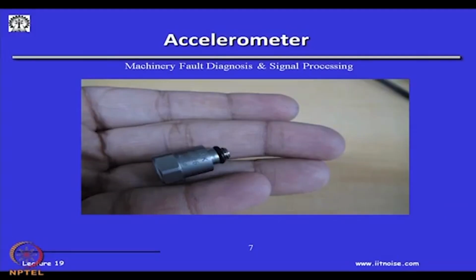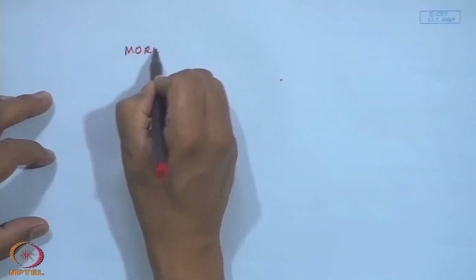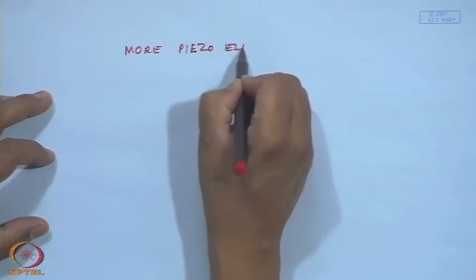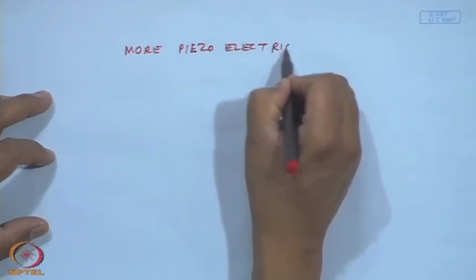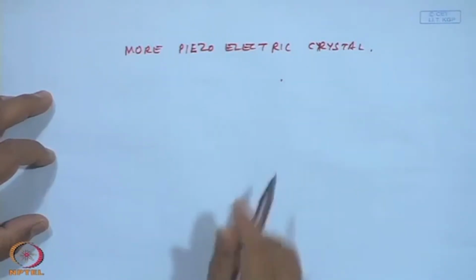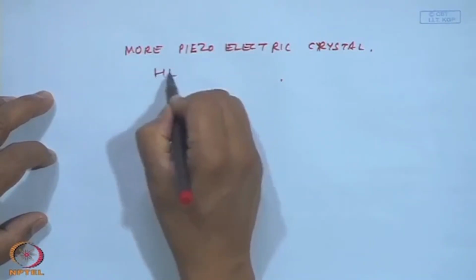And you can get a feel of how large or how small these accelerometers are. Obviously, to increase the sensitivity of the accelerometers, we have to have more piezoelectric crystals. So, more piezoelectric crystal means heavier it will be.